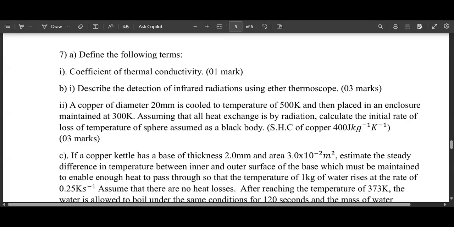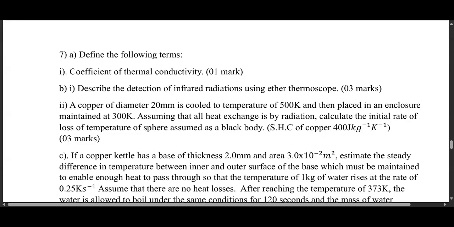Now, part B, they want us to describe detection of infrared using ether thermoscope. Remember, among the properties of infrared, infrared causes change in temperature. And because I'm using ether thermoscope here, it's always composed of liquid what?